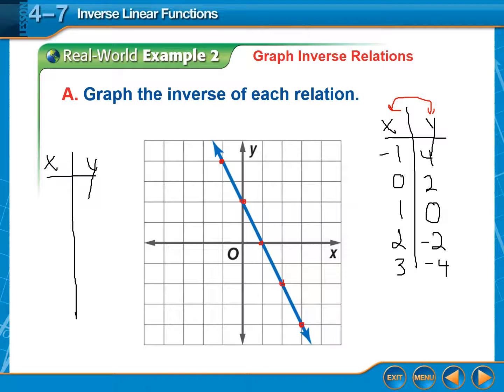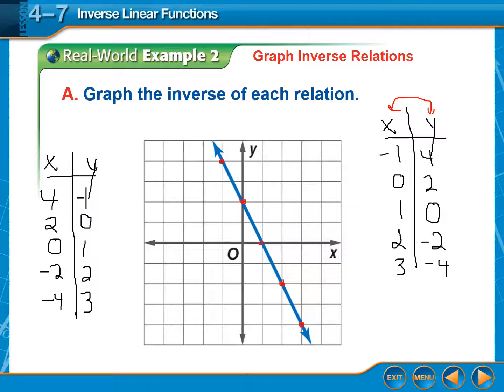So negative 1, 4 becomes 4 for x, negative 1 for y. 0, 2 becomes x is 2, y is 0. 1, 0 becomes 0, 1. 2, negative 2 becomes negative 2, positive 2. 3, negative 4 becomes negative 4, 3.